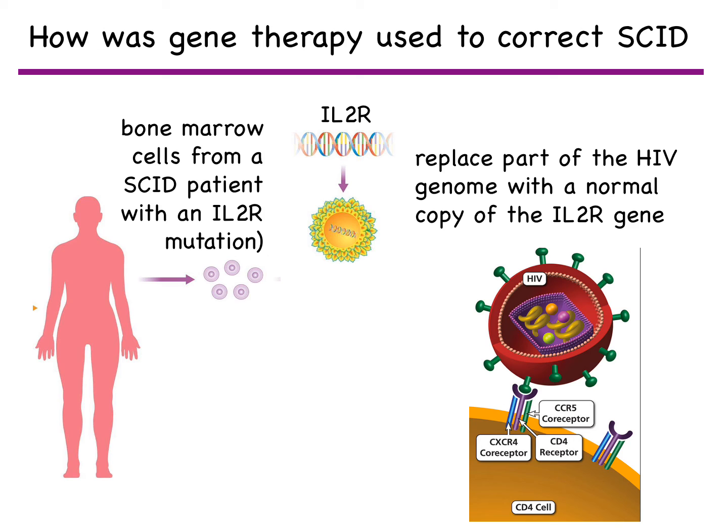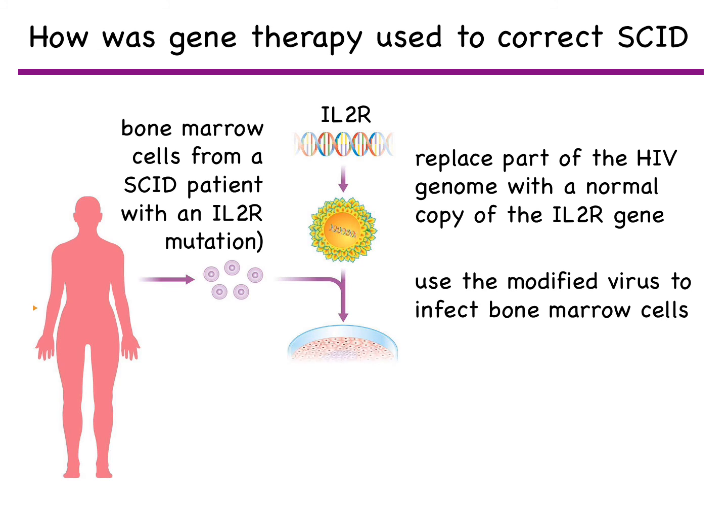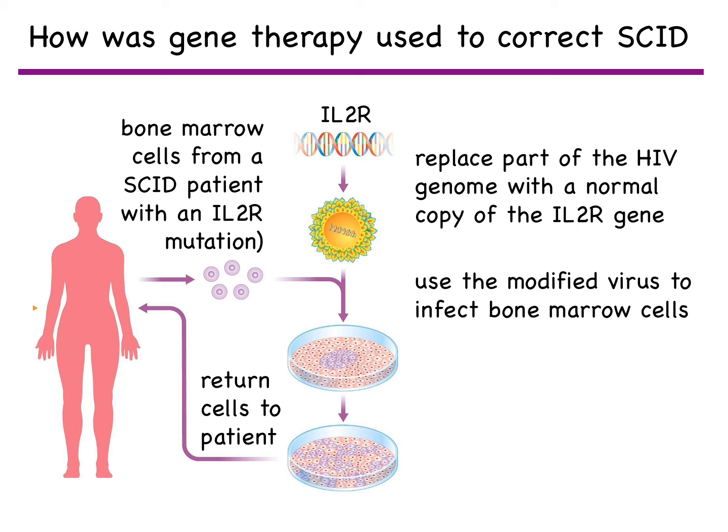Basically, they used HIV because it is very efficiently taken up by some immune cells, which have a receptor that binds to a protein on the surface of HIV, and that's how the cell imports the virus. They used the modified virus to infect bone marrow cells, grew these cells in culture for a short while, and then returned the cells to the patient.